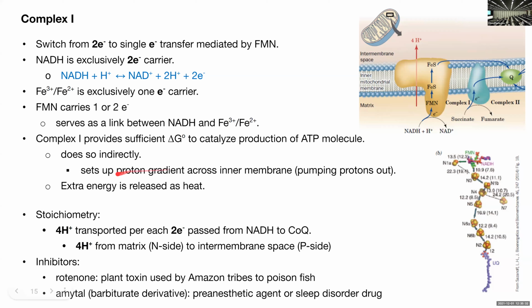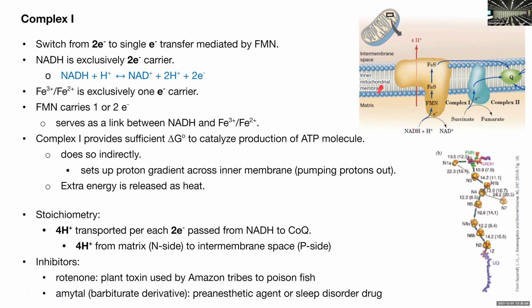It's only about setting up the proton gradient across the inner membrane. So it pumps out the protons, which is H plus, hydrogen cation, from the matrix to the inner membrane space. And extra energy can also be released in the form of heat.